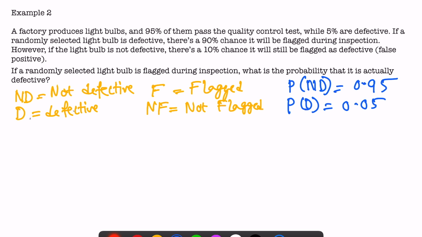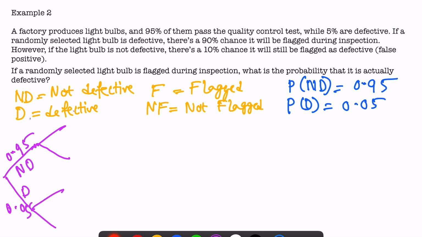Probability of flagged. Okay, now we can draw a tree diagram again to discuss this flagged and non-flagged part. So if bulb is not defective and defective, not defective probability is 0.95, defective probability is 0.05. And for each defective and non-defective case, the result can be either flagged or not flagged.